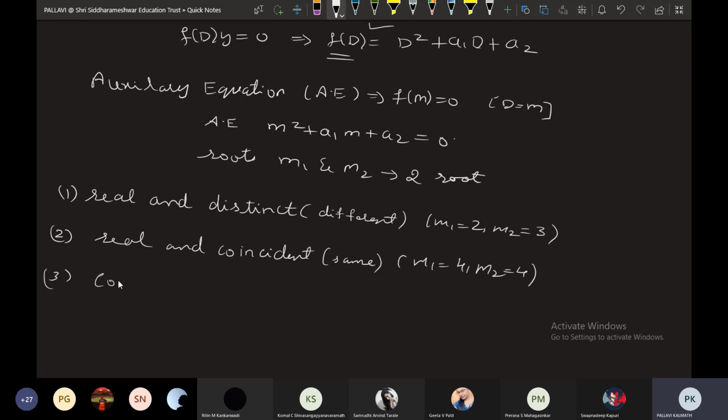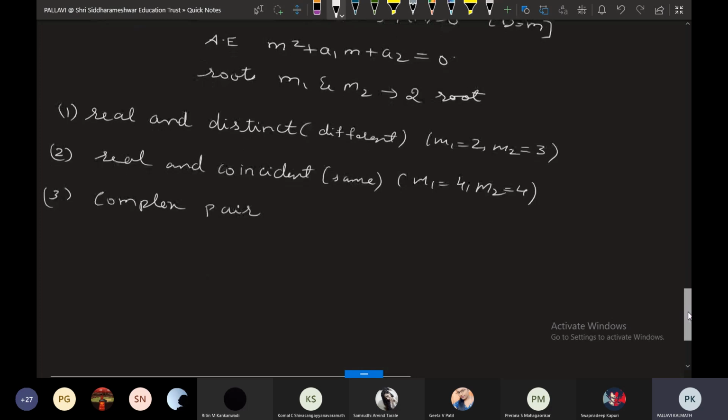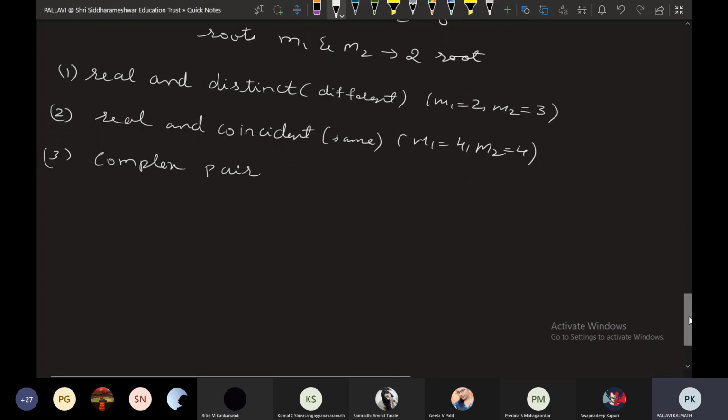Then the third type, if you are going to get a complex pair. Can you tell me when you are going to get the complex roots? If I give you a second order equation, when do you get complex roots?